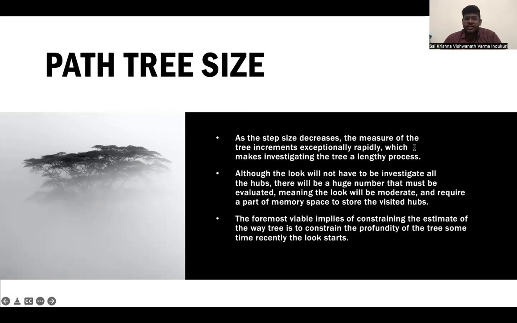This means that for a tree with 30 levels, there are roughly 3.1 × 10^14 nodes. Although the search will not have to explore all the nodes, there will be a huge number that must be evaluated, meaning the search will be slow and require a lot of memory space to store the visited nodes.